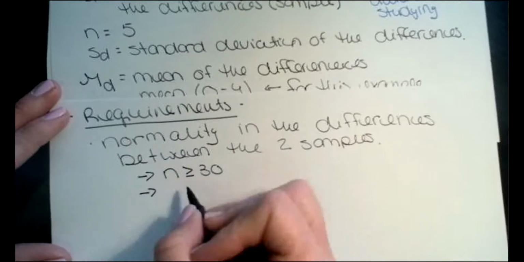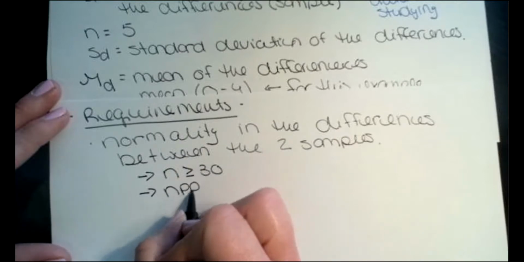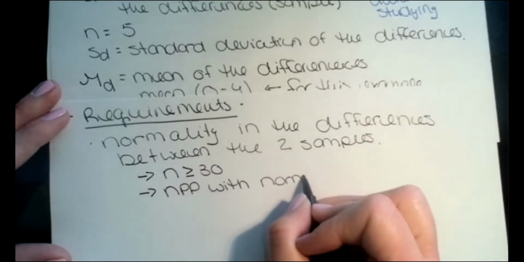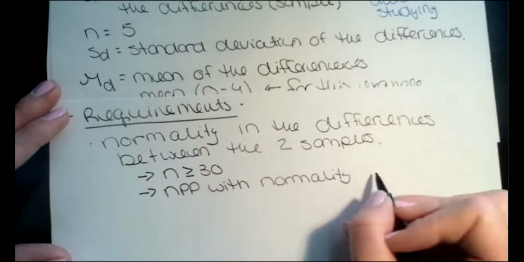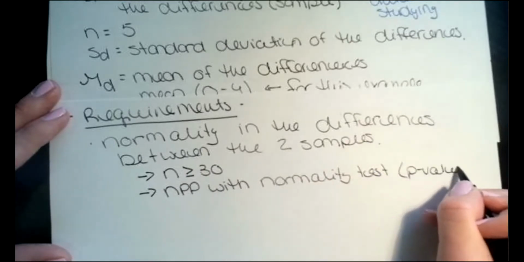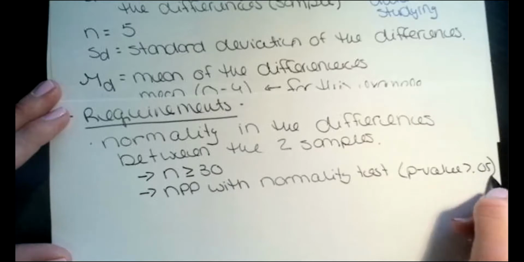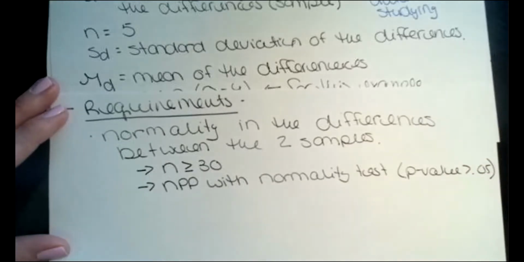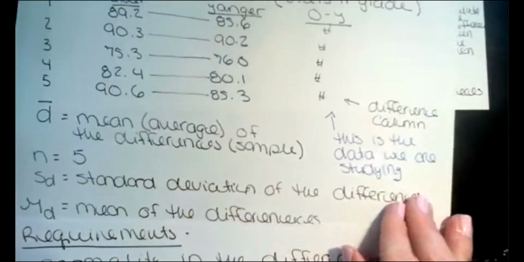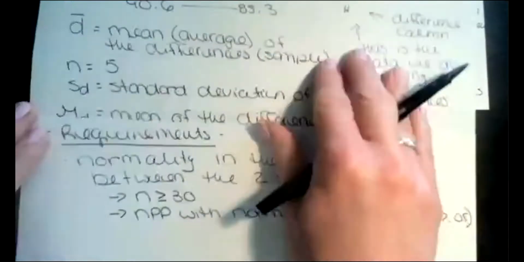Or we can check the NPP with the normality test. I just want you to know that when we're doing these, it's on the differences. So this is going to matter. That's this new column where we subtracted them.